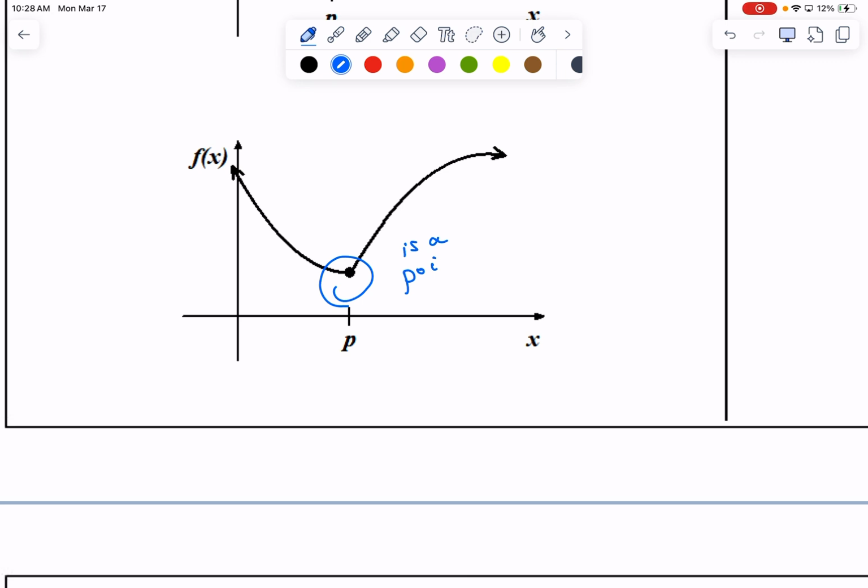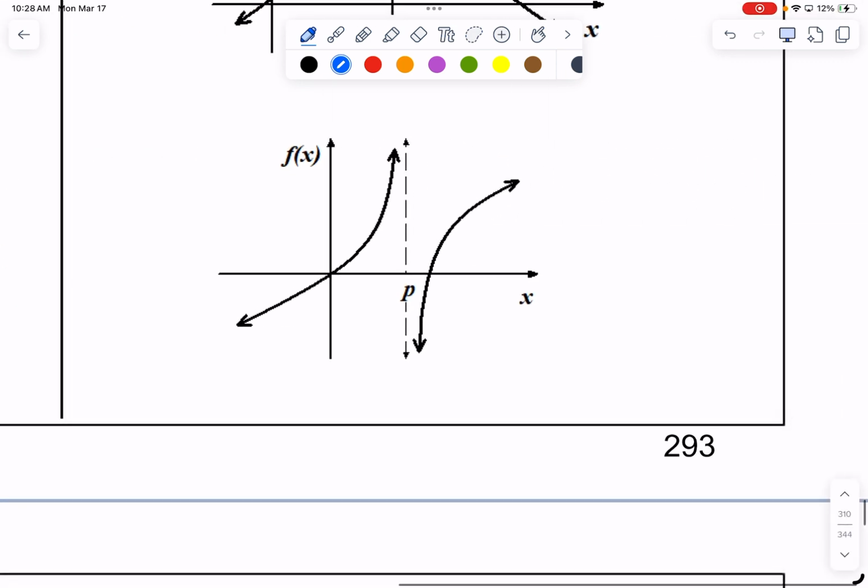And then there are times where you can change concavity, but there is no point of inflection. Can you change concavity at a discontinuity? The most popular place to change concavity is where? So you might change concavity, but there might not be a POI.